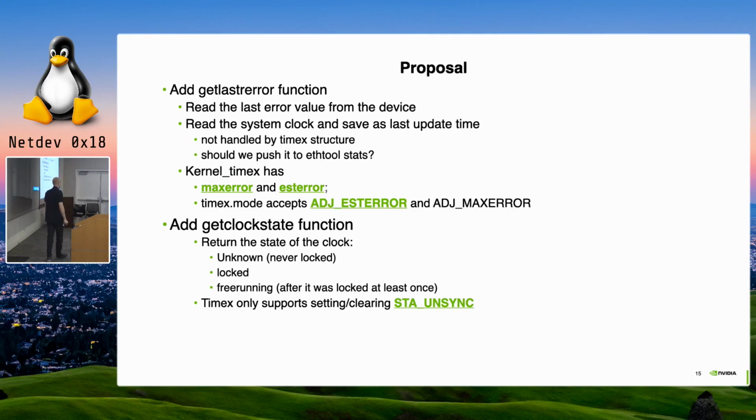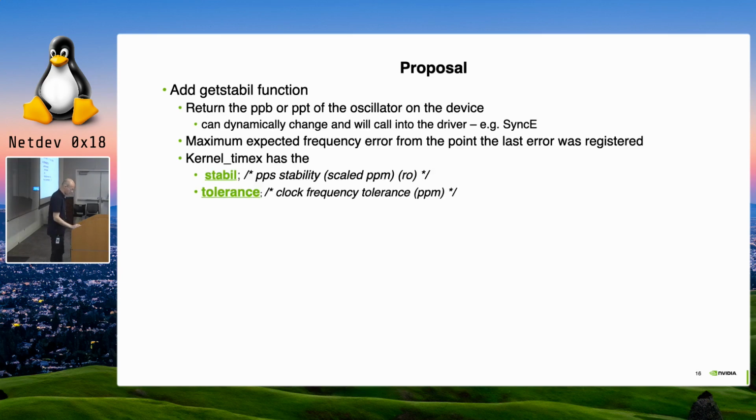The unknown, which was never locked, your device just booted up and was never synchronized. Then the locked, and the free running mode, when it was locked at one point of time, but it lost track of the reference. So this is something we would need to find maybe a better place for. Unfortunately, as far as I recall, those flags are out of bits, so it may not be possible to add more flags. I will take a closer look at what's possible.